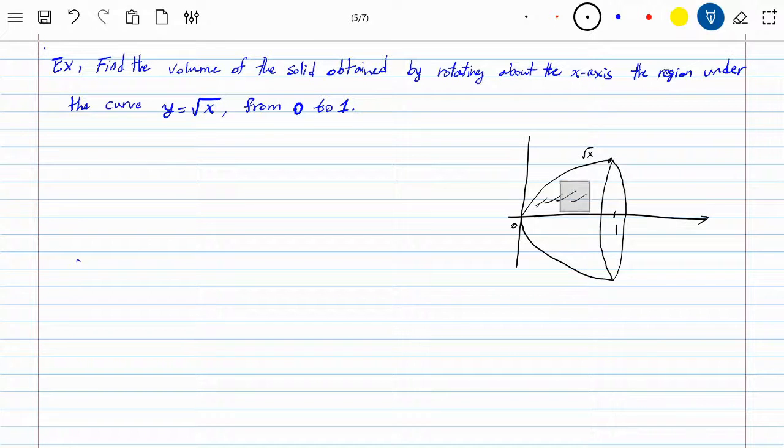If you rotate the area under the curve, what you get is the volume. Again, x is a variable between 0 and 1, so let's pick x to be somewhere here. If we rotate, we look at the cross section here, and what you have is a circle.